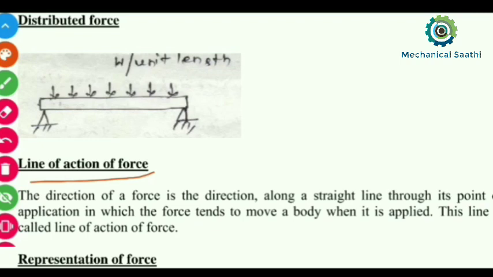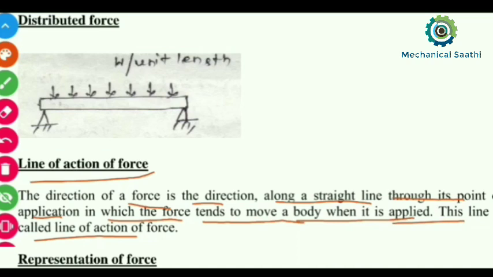Line of action of a force means what? The direction of a force is the direction along a straight line through its point of application in which the force tends to move a body when it is applied. This is called the line of action. Suppose this is any body and we are applying a force in this direction.